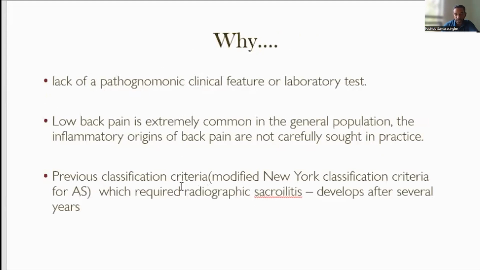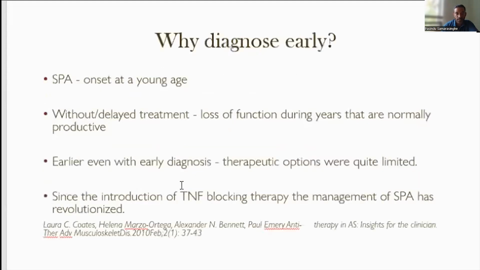So those are the main reasons for the delay in diagnosis. So why we should diagnose this early is that this is a disease of young onset. So that's why you should diagnose this early. If you delay treatment, you're losing function during years that are normally productive. Younger age is usually productive for your life and for the country. So that's the importance of diagnosing these conditions early.